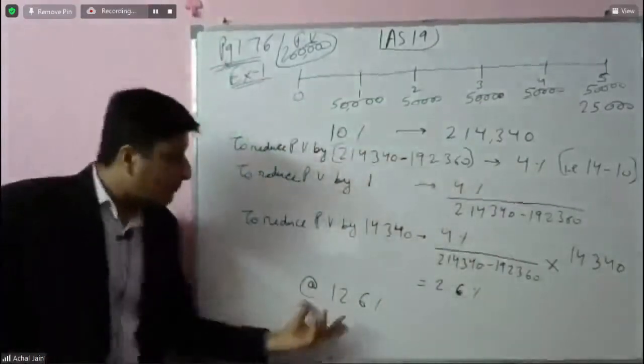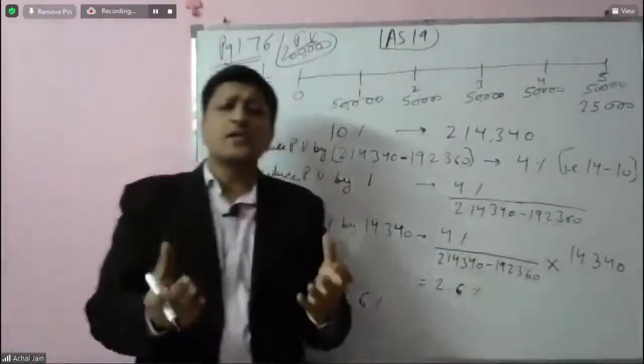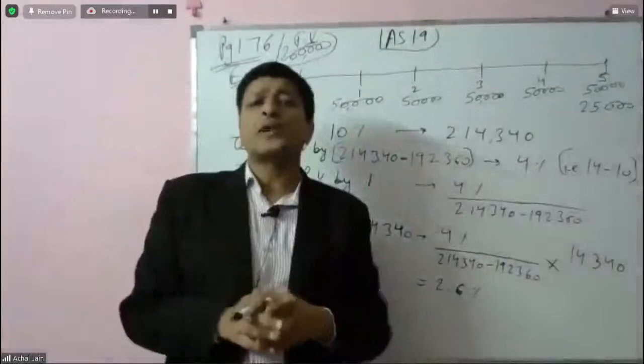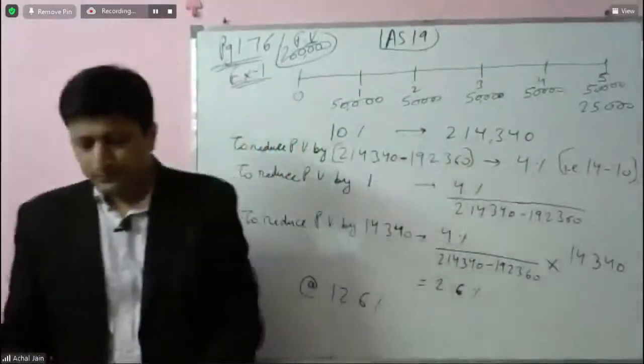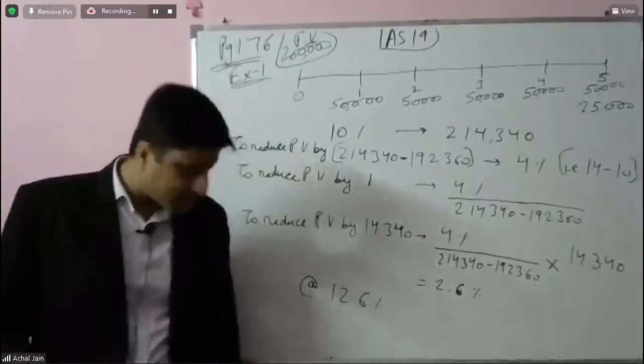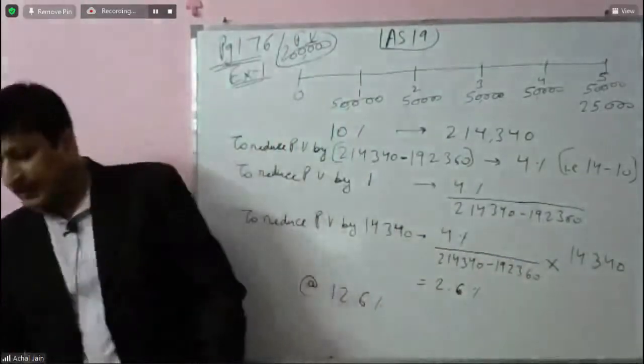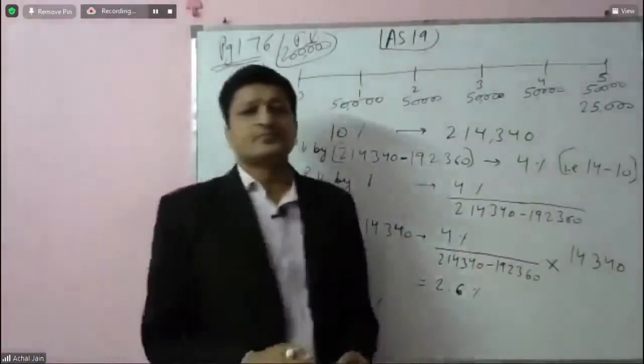It should come out to be 12.6%. Means this arrangement involves an interest component of 12.6%. Clear? Clear on this? How do we compute this interest rate implicit in the lease? So if you have any questions, any doubts, please let me know.